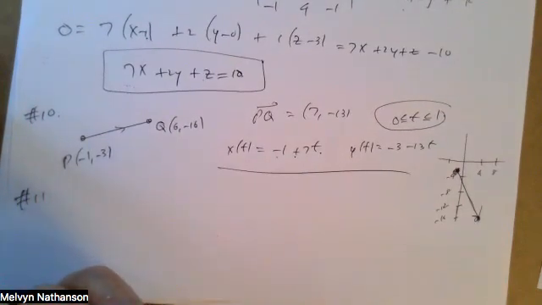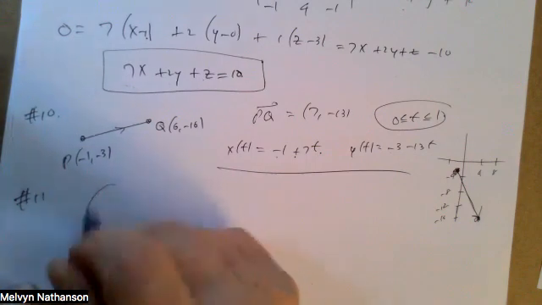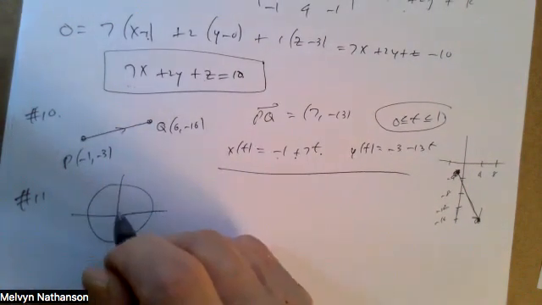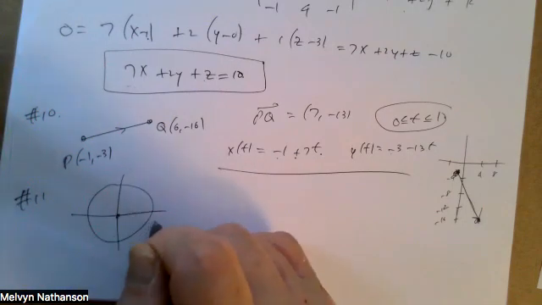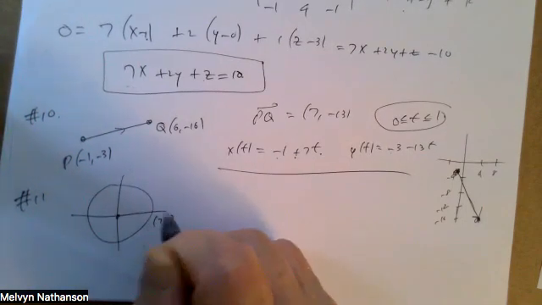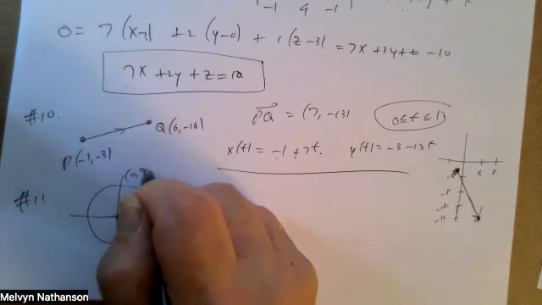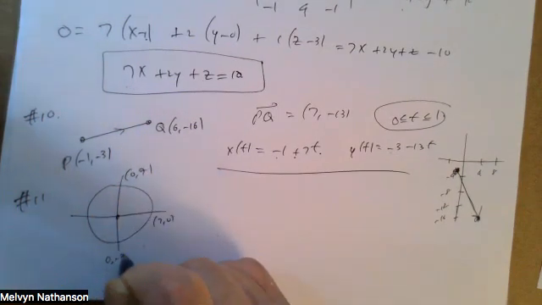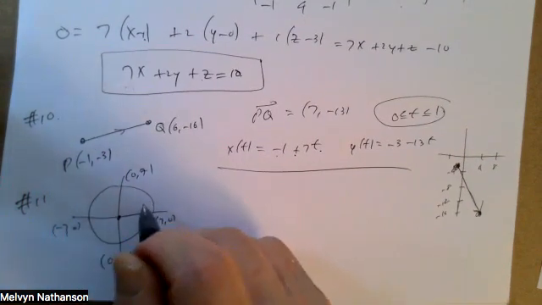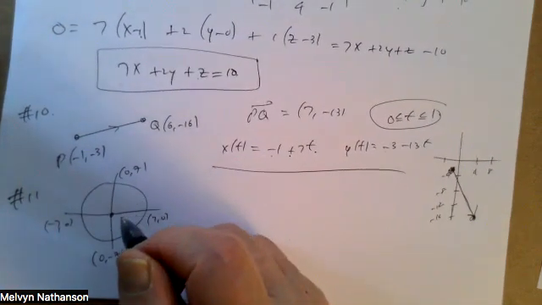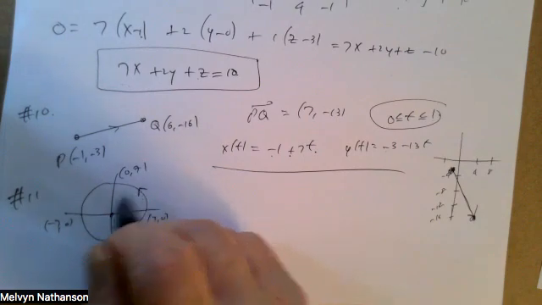Number 11, we want to find the parametric equations for a circle centered at the origin with radius 7, and generated counterclockwise.